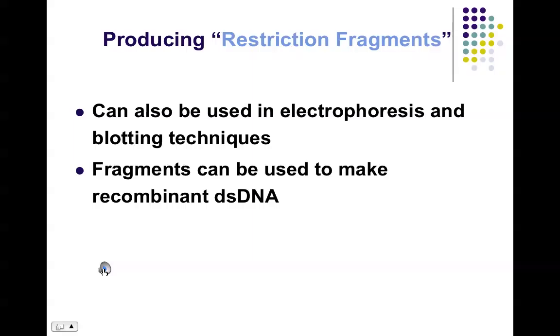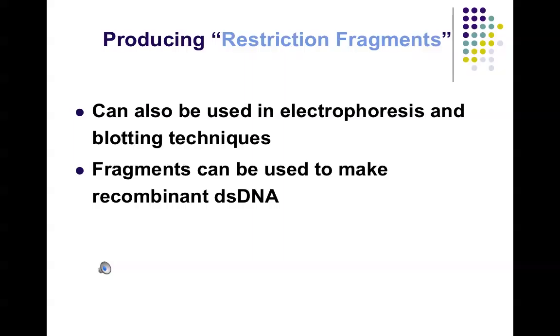Once we've produced the restriction fragments, or these little pieces of double-stranded DNA with little sticky ends, there's all kinds of techniques and manipulations that we can perform on these fragments. We can essentially separate the fragments by their size or their mass in a process called electrophoresis.